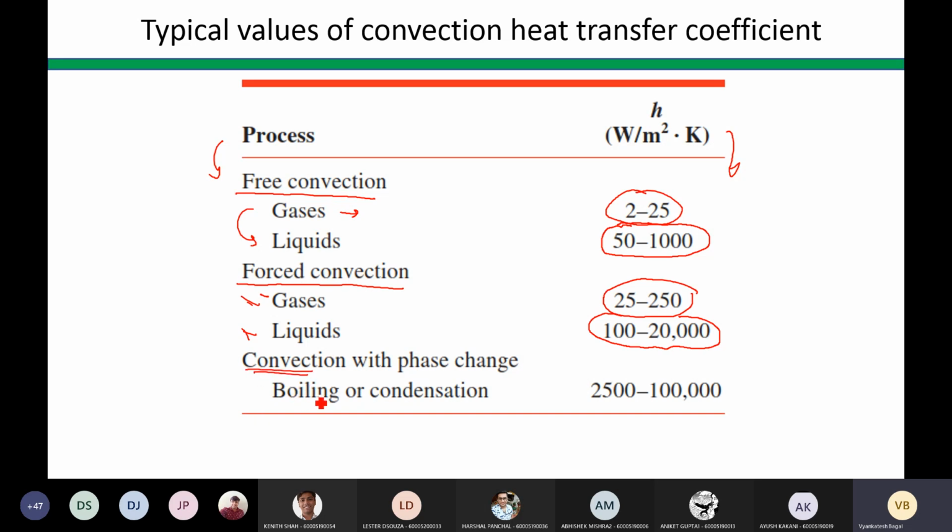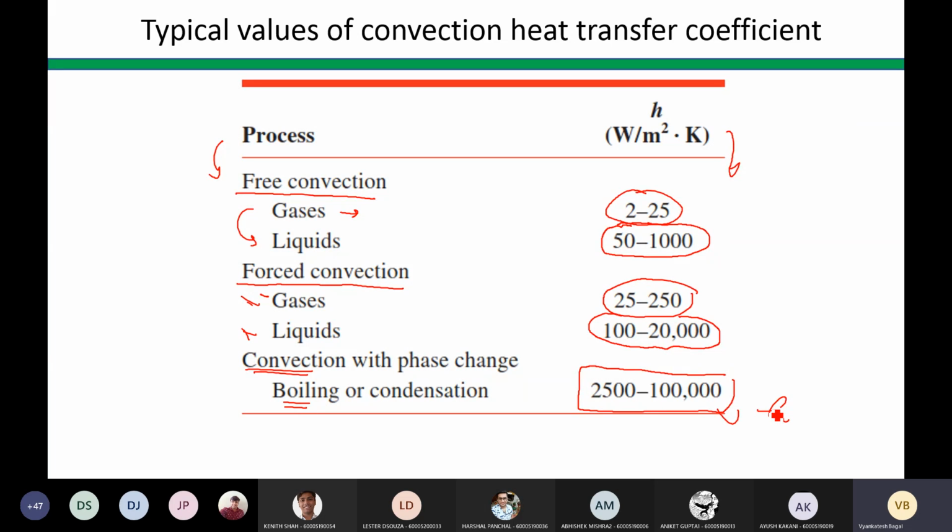As I already talked about, it is nothing but convection. So in case of boiling and condensation, you will find the values of heat transfer coefficient may go up to a lakh also, from 2500 to 1 lakh. So the highest heat transfer coefficient values are observed in the phase change phenomena, boiling or condensation.